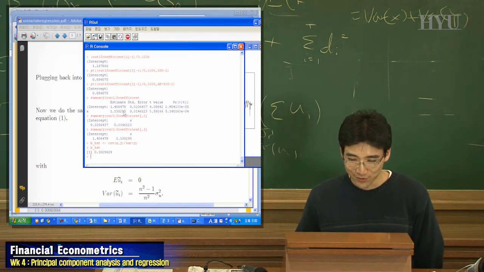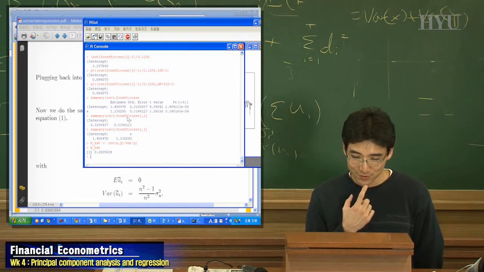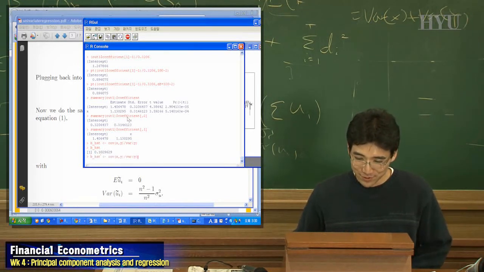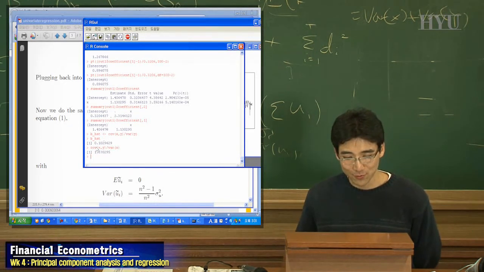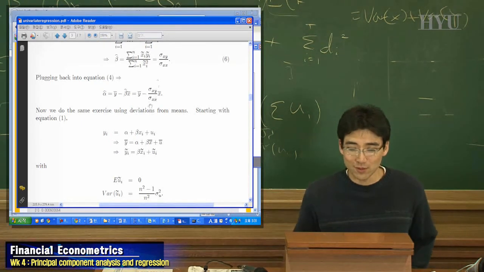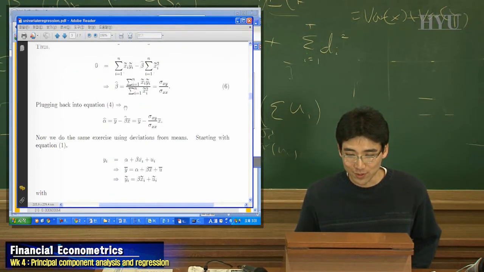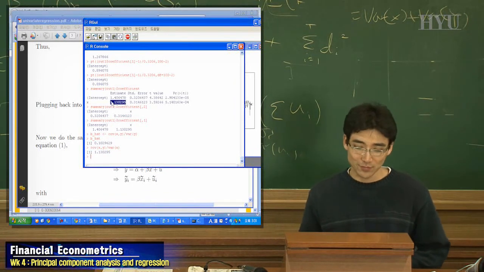Why is it different from this one? That's interesting. Oh, sorry. It should be x, right? So right, exactly the same. When we use this formula, this value is exactly the same as the coefficient.